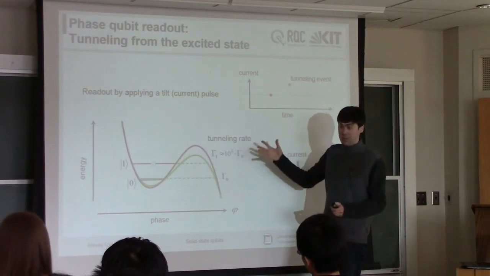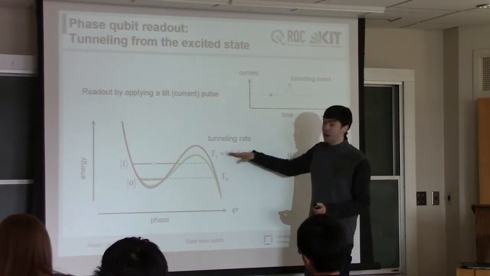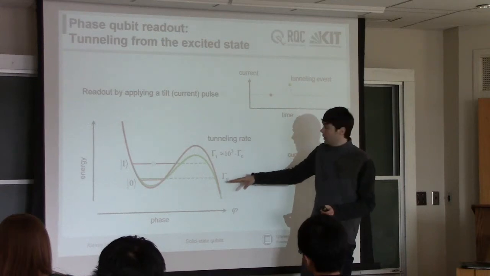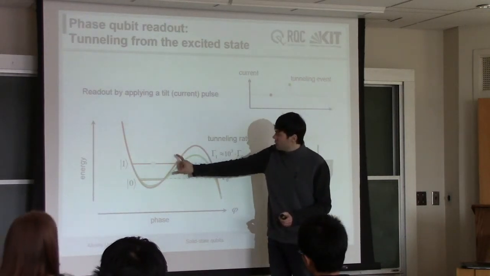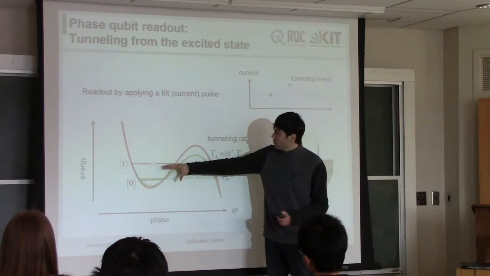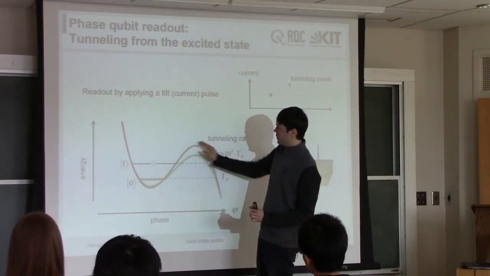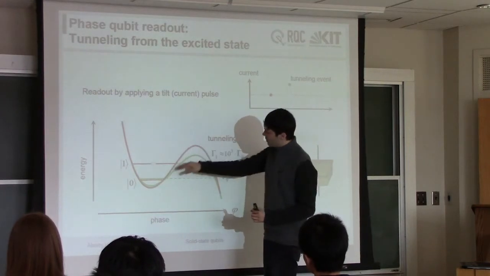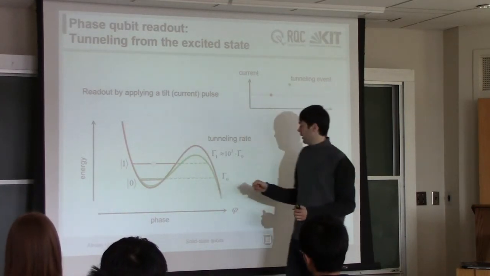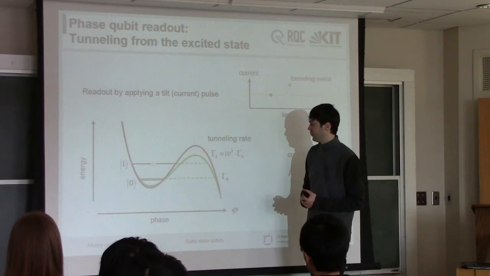In fact, in practical experiments, the two rates are different by 3 orders of magnitude. That's because you can have just two levels in this well, so you are tuned pretty far, and this potential is very shallow, so very easy to escape. But this one is already fairly deep, and the rate drops exponentially.